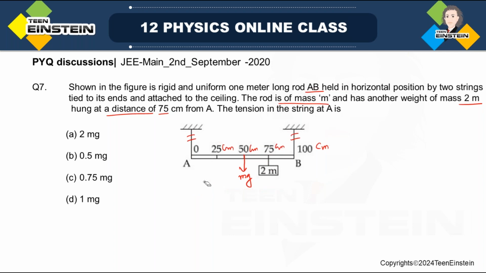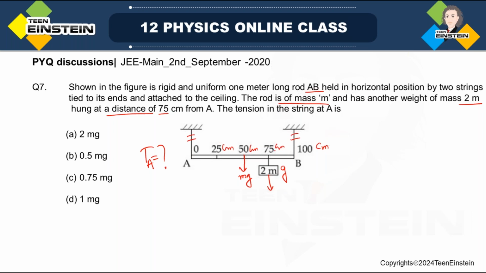If I want to write in terms of weight, this is weight 2mg, also acting in the downward direction. Now the question is the tension in the string A. I have to calculate what the tension is at this rope A.